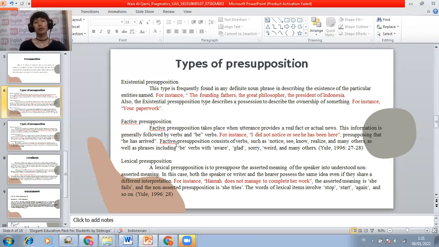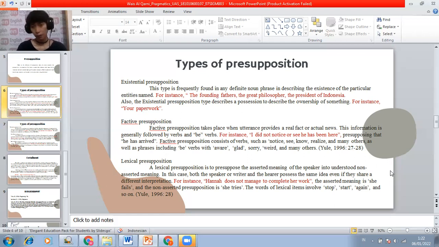And factive presupposition consists of verbs such as notice, see, know, and realize, and many other verbs, as well as phrases including be verbs with aware, glad, sorry, weird, and many others. So those are factive presuppositions, when the utterance provides real facts or actions.